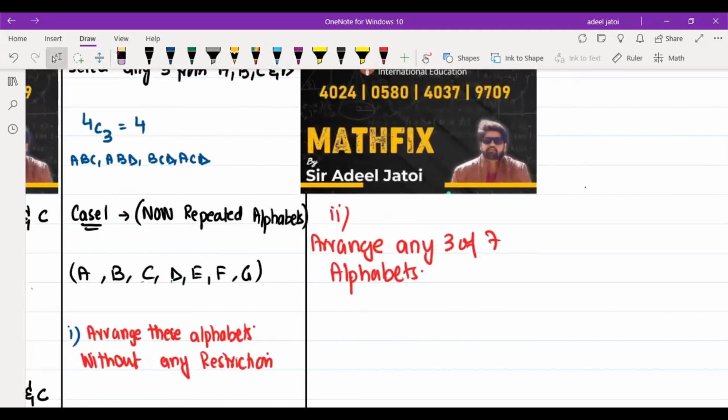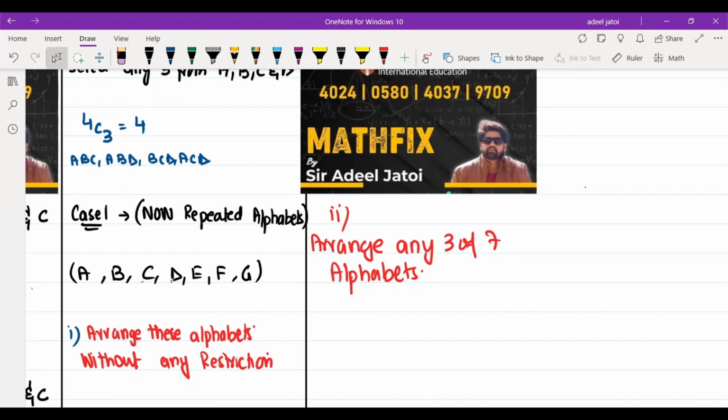The 7 alphabets are A, B, C, D, E, F, and G. But the question has restricted me now. In the first part, the question did not restrict me at any point. It directly said, give me the number of ways 7 letters can be arranged without any restriction.